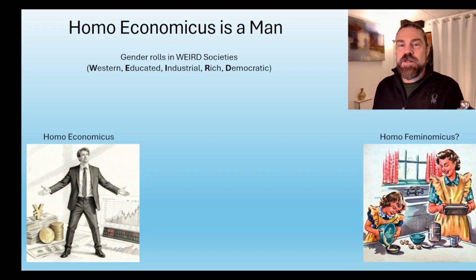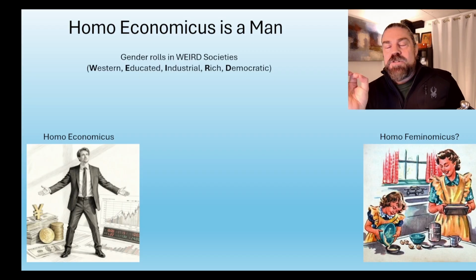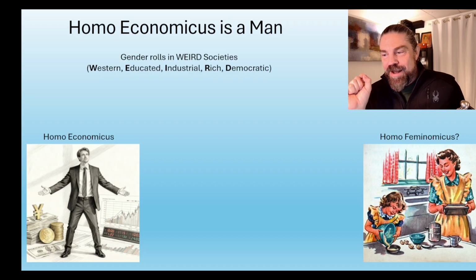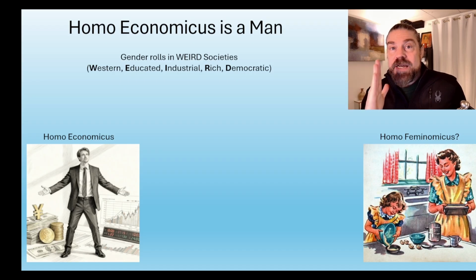So let's take a look at this. Gender roles. That's how we learn culturally to behave if we're told we're a man or a woman in a society. In weird societies, gender roles have been divided culturally between men and women.